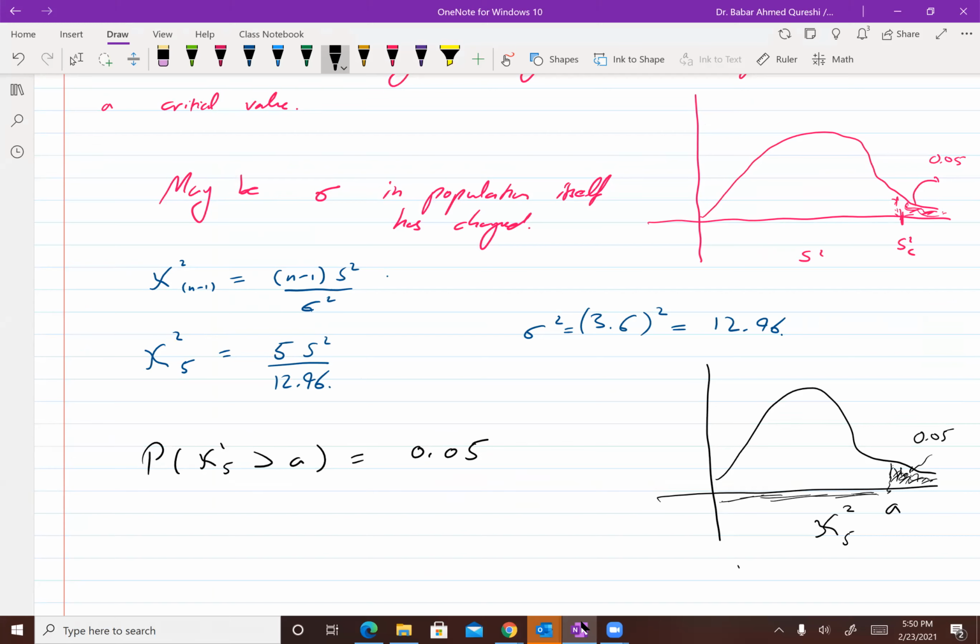But that I know, being less than A is the same as the total probability, 1, minus the probability of chi-square being greater than A.